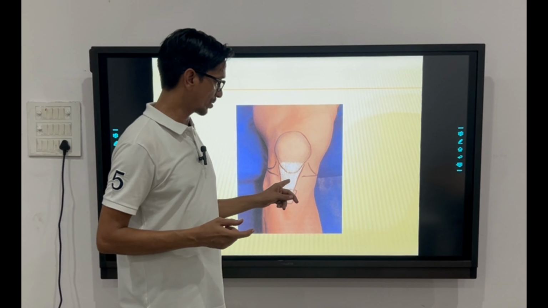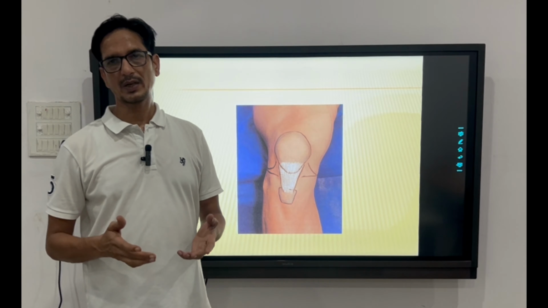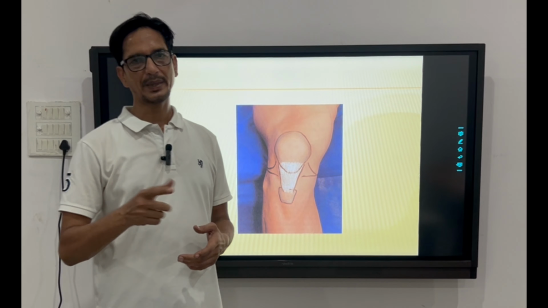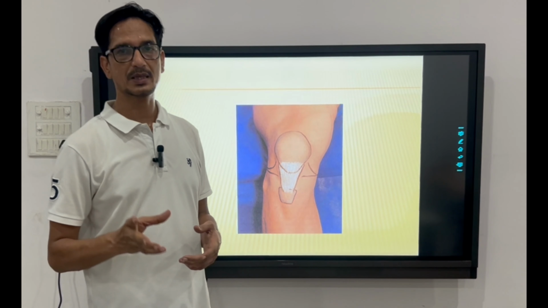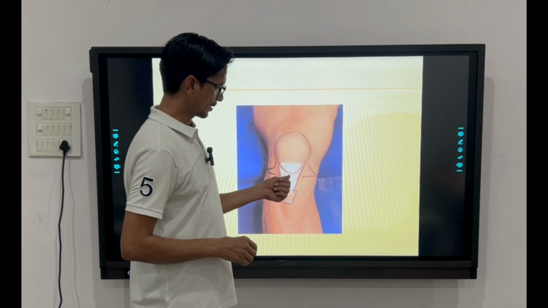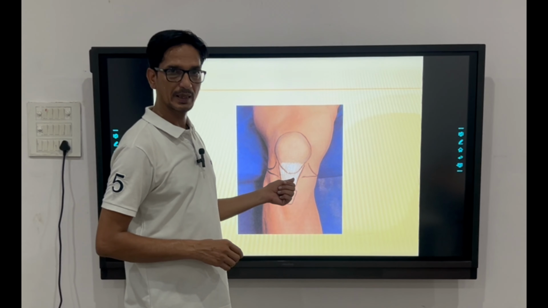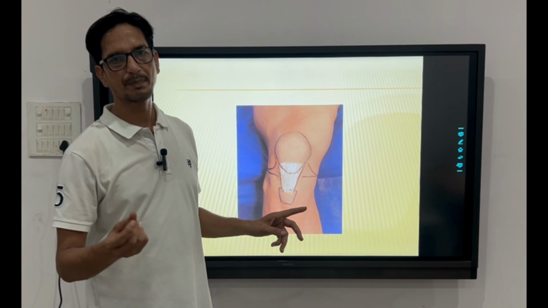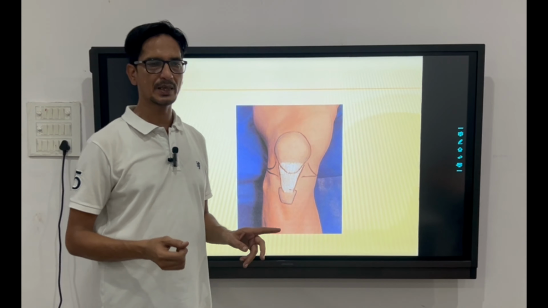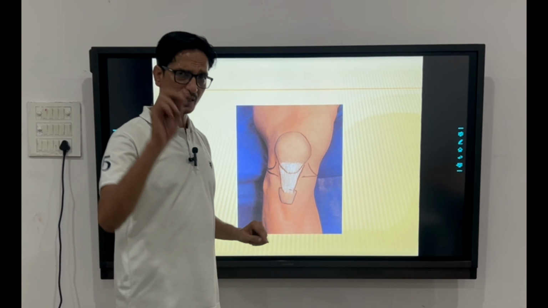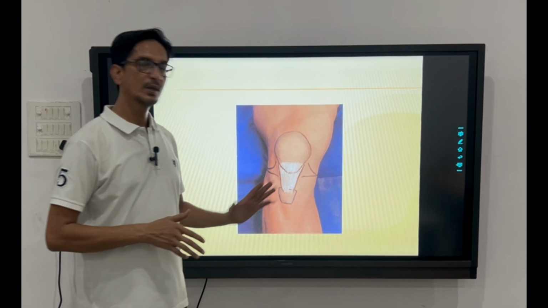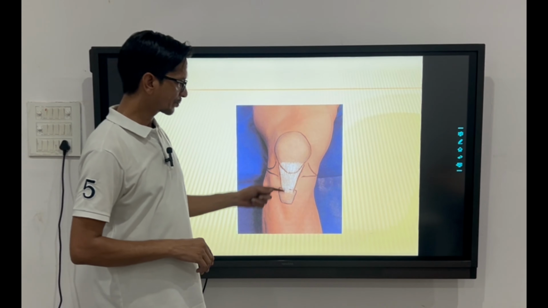So you can identify, in case of inflammation only, or you can palpate the inflamed bursa just below the apex of patella. So here we have two landmarks. One is the apex of patella, that is providing the attachment of ligamentum patelli, and just below the apex of patella it is the location of your infrapatellar bursa.